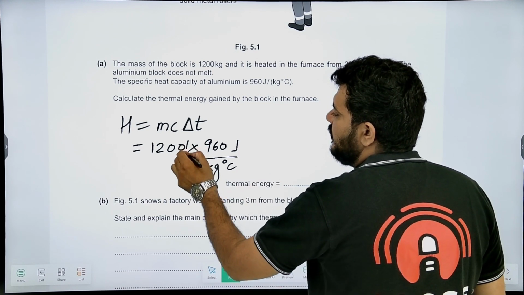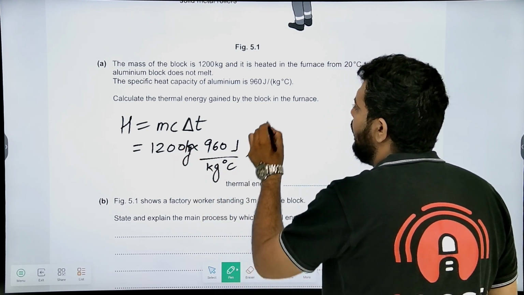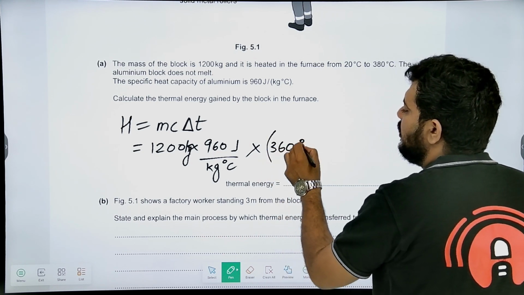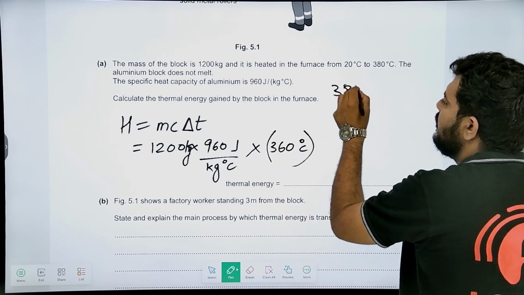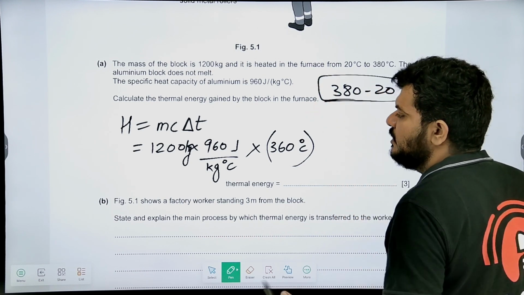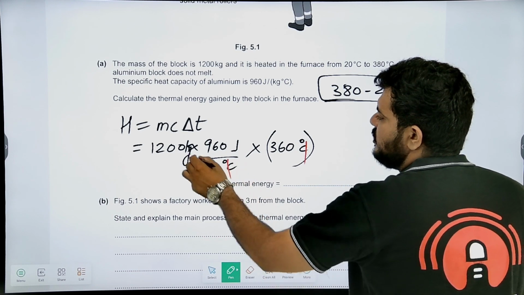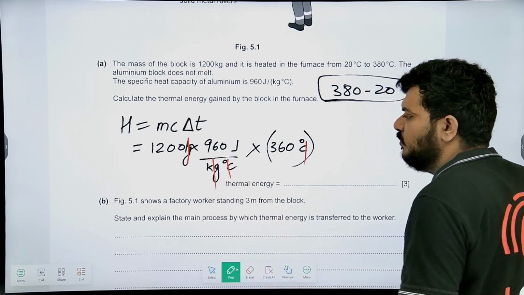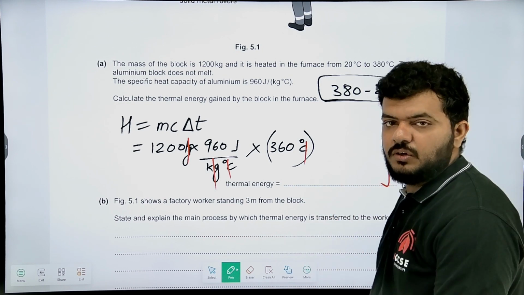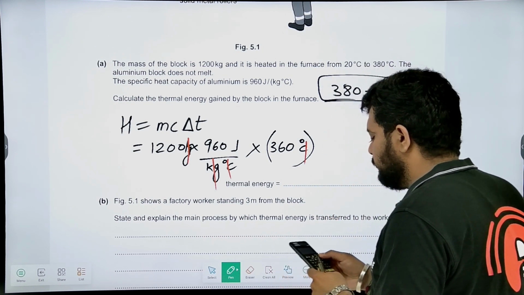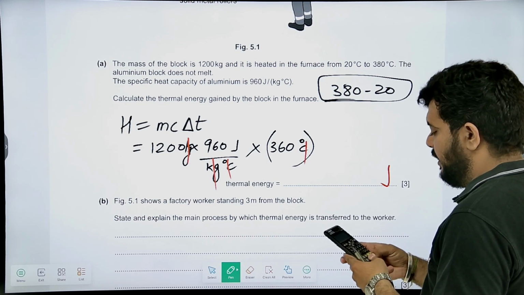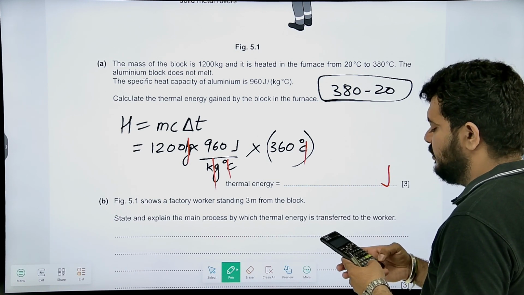So this is given in kg, and we have the change in temperature, 360 degrees Celsius, right? 380 minus 20, so 360 degree Celsius. So this degree Celsius and kg can get cancelled out. Why am I doing this? To show you that the units will be joules over here, not kilojoules. Okay, you'll write 1200 multiplied by 960 multiplied by 360.